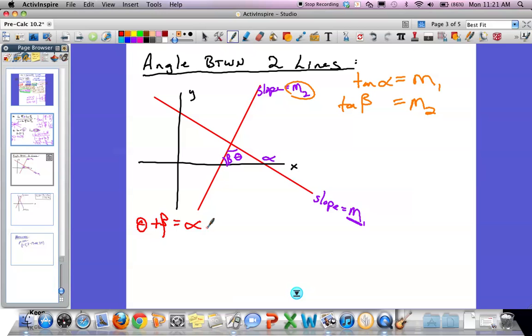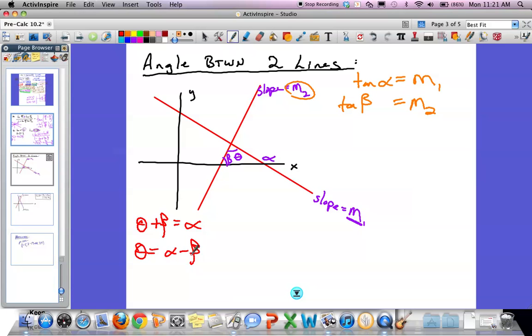So I'm trying to find the angle between these two lines. The angle between these two lines, according to my picture, is theta. If I solve this for theta, I get alpha minus beta. And what happens if I do the tangent of theta? I get the angle between those two lines.